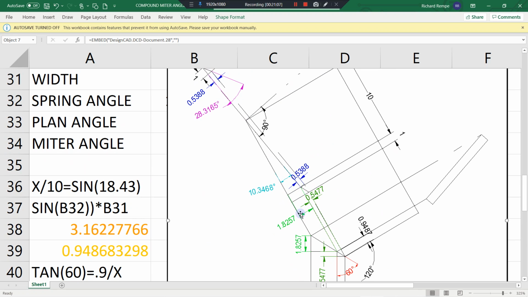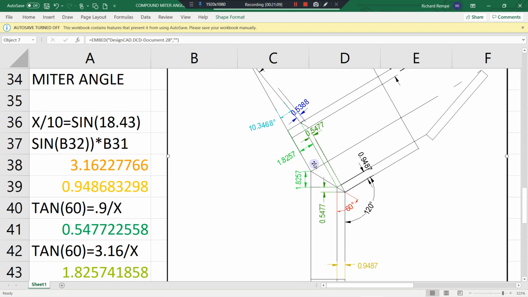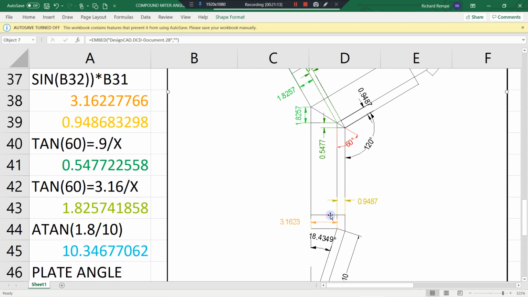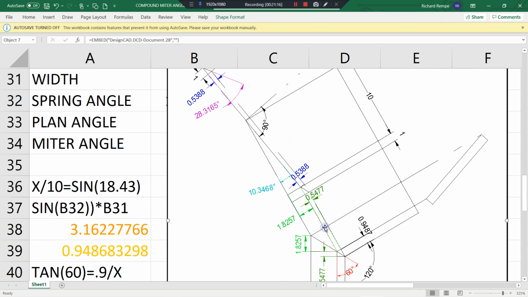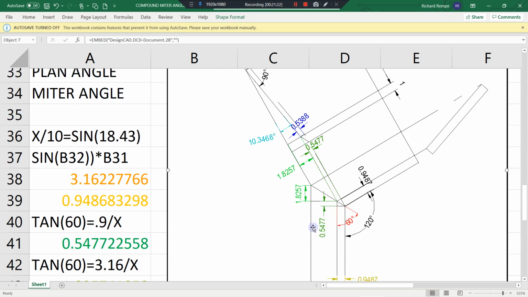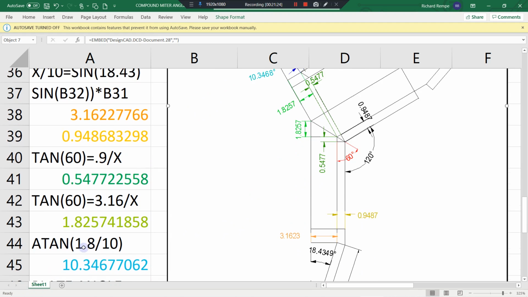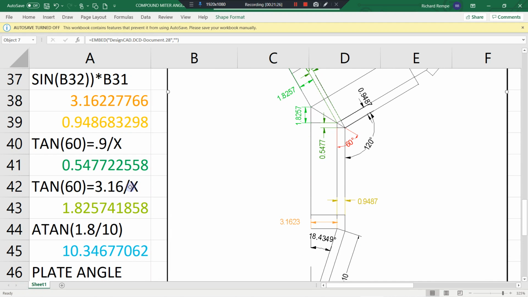And then we have this jumpy thing. So we have similar here. We just did that. It was x. So it'd be 3.16, this dimension, divided by x equals tangent of 60, and then you solve for x, you get 1.82.